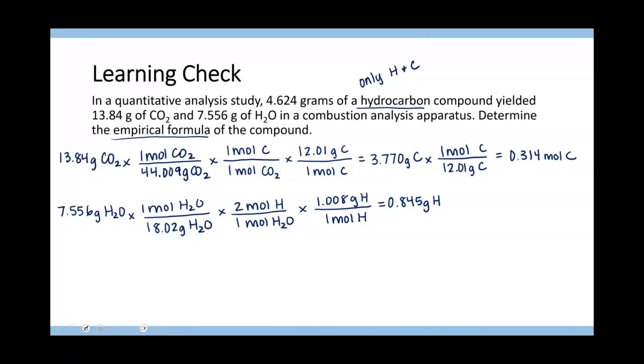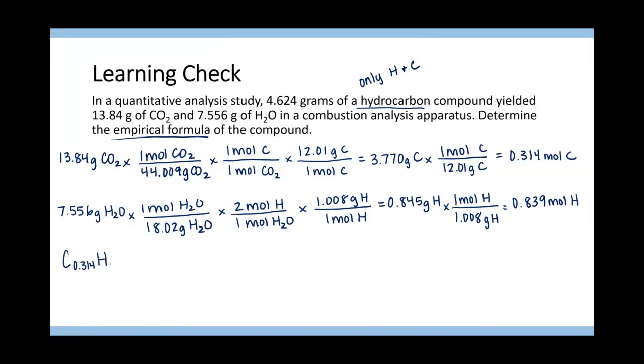So we have grams of hydrogen, convert to moles of hydrogen. And we have 0.839 moles hydrogen. So we have the molar ratio of carbon and hydrogen. We use that to write the empirical formula.